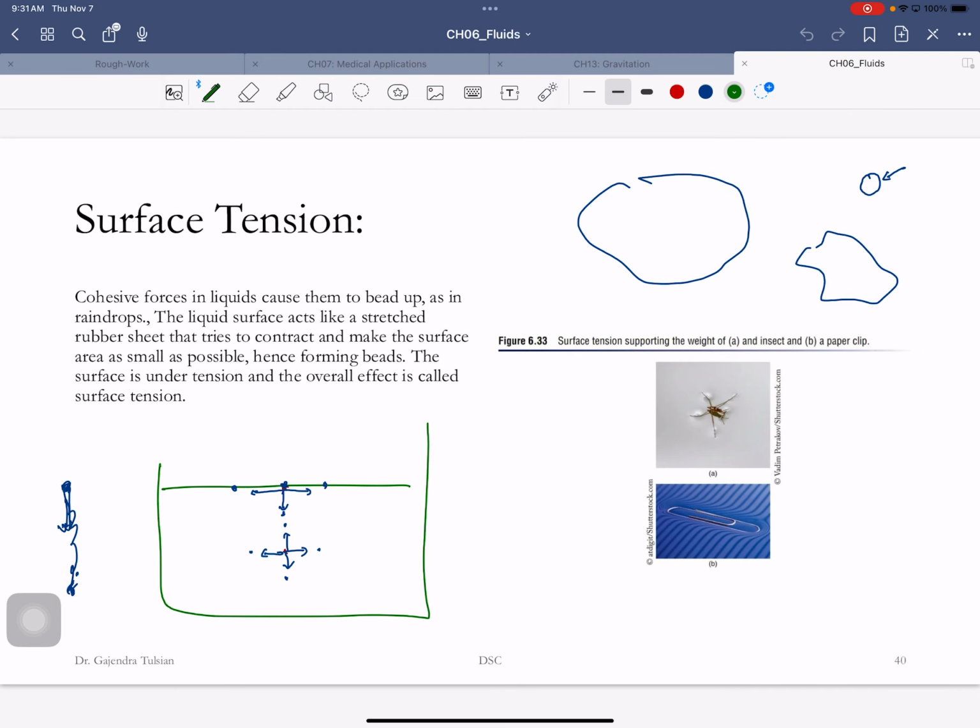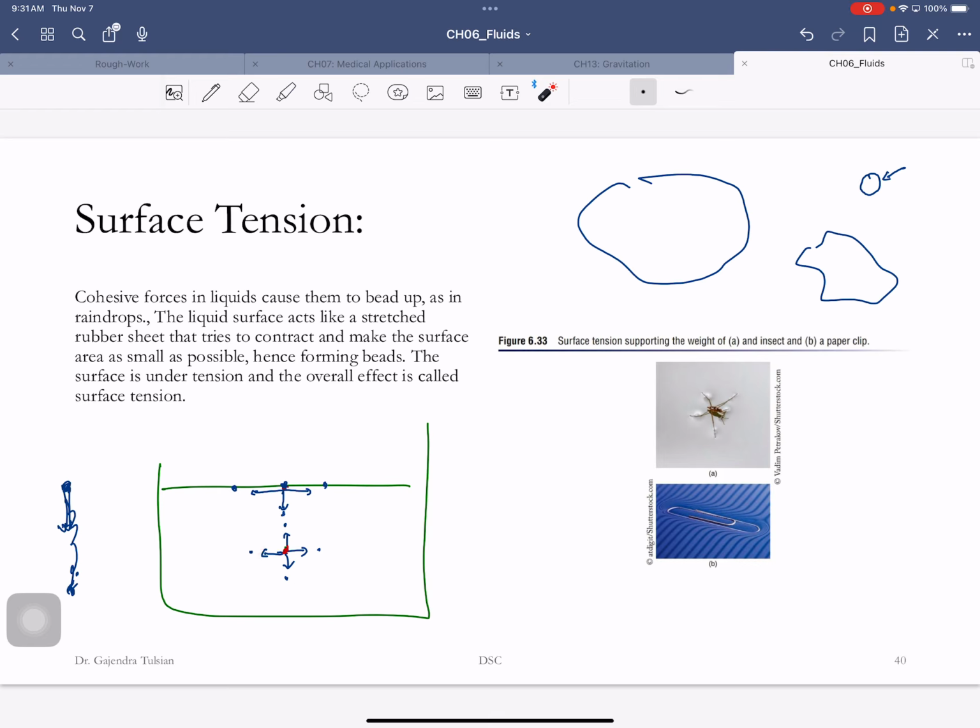All right, so the last thing we talked about was surface tension. What this was about was the following. We saw that if you have a molecule inside a glass of water, this molecule is attracting that molecule in that direction, this molecule is attracting this molecule in that direction, this molecule is attracting like that, and this is attracting this.